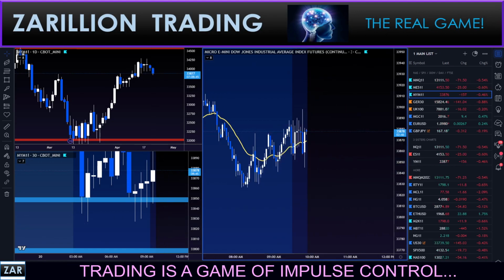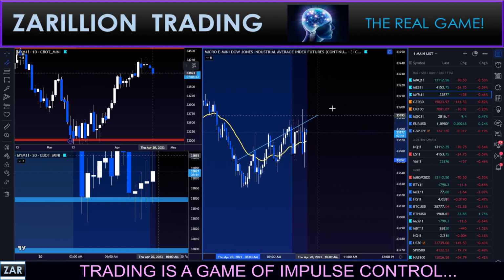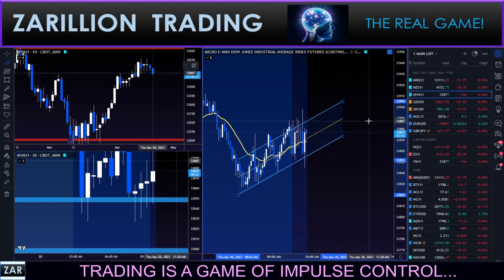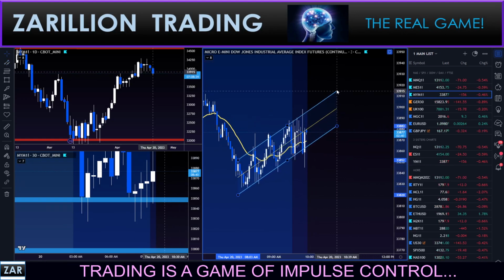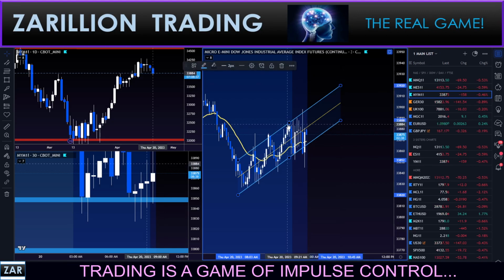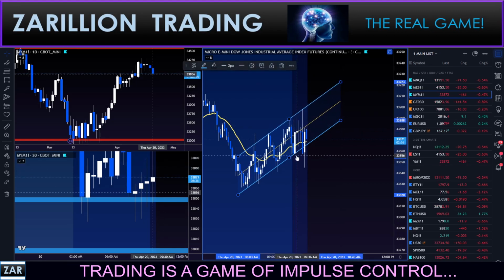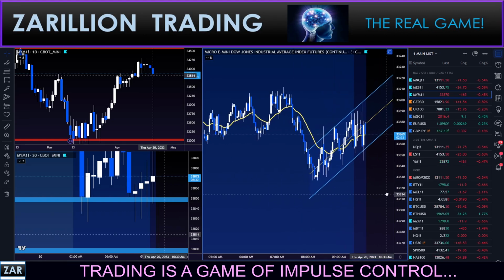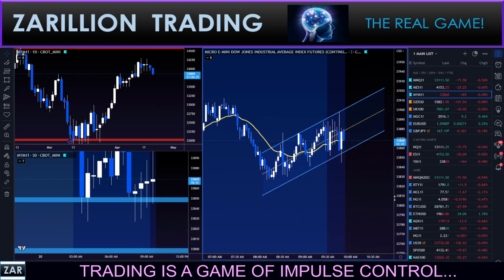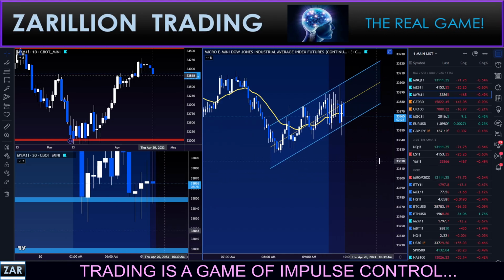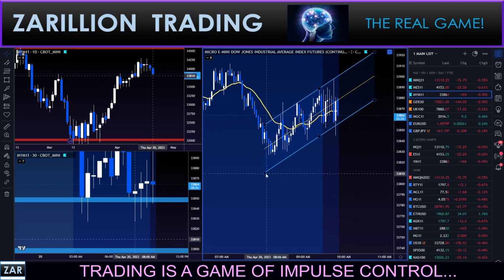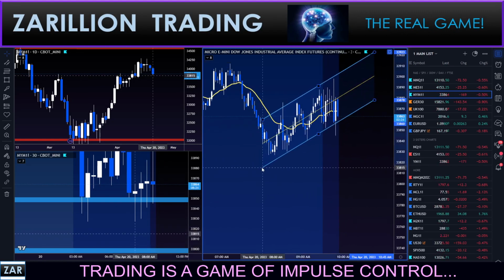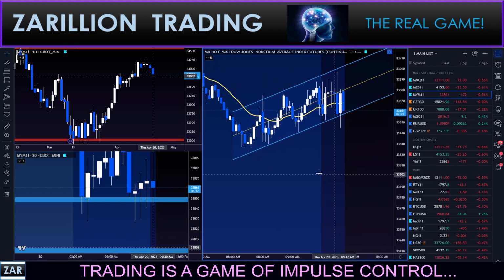Here we go. I think this is it. Yeah, here we go. More user-friendly. As a rule, I don't use diagonal trend lines. This is a very particular type of setup that we're seeing here on the open, in the open window. Watching closely now.